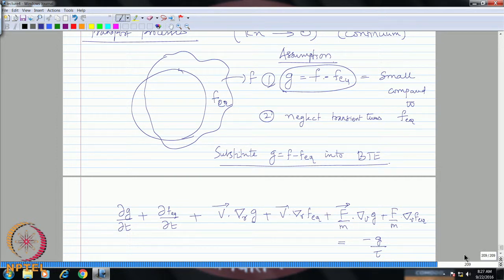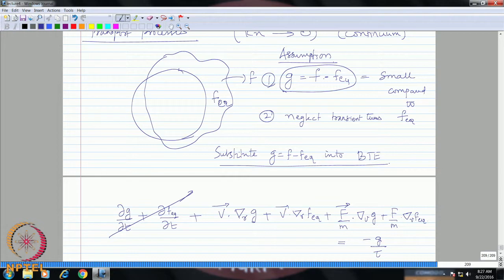So, what we are now solving for is not just the regular distribution function, but the deviation from equilibrium, right. So, we have cast the BTE for the deviation from the equilibrium. Therefore, as per our assumptions, neglecting transient terms, these terms are gone, and we are also saying assume g is small compared to your f equilibrium, and not only that, the gradient of g should also be small.